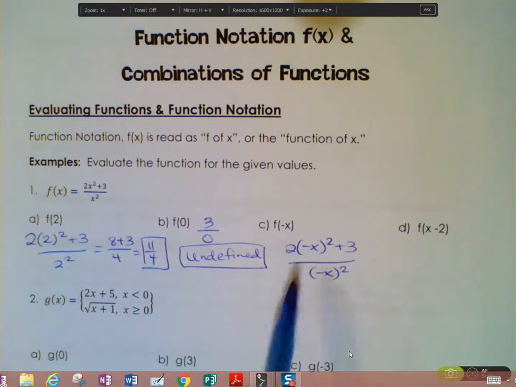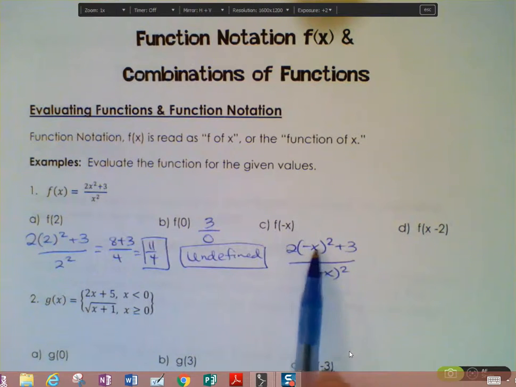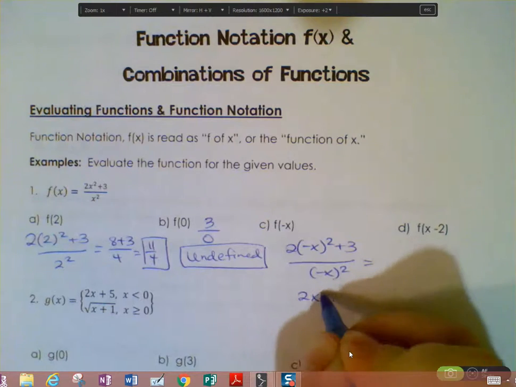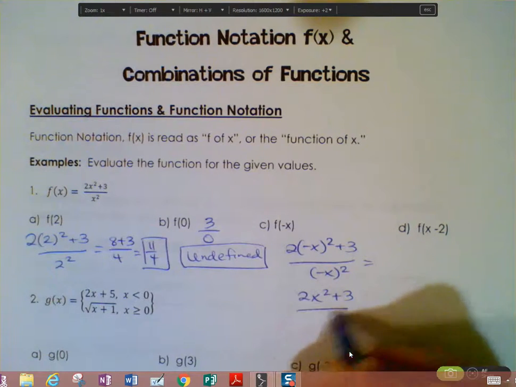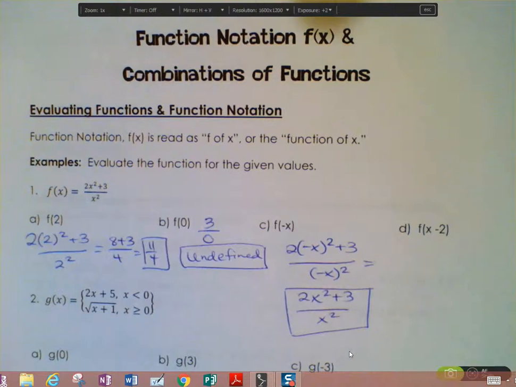Now, in this function, does it really even make a difference if we put a negative x instead of an x? Well, negative x times negative x will still be positive x squared. It really doesn't matter. So we're back to the original function anyway. Because if we were to simplify those negatives after we square them, they will become positive again.